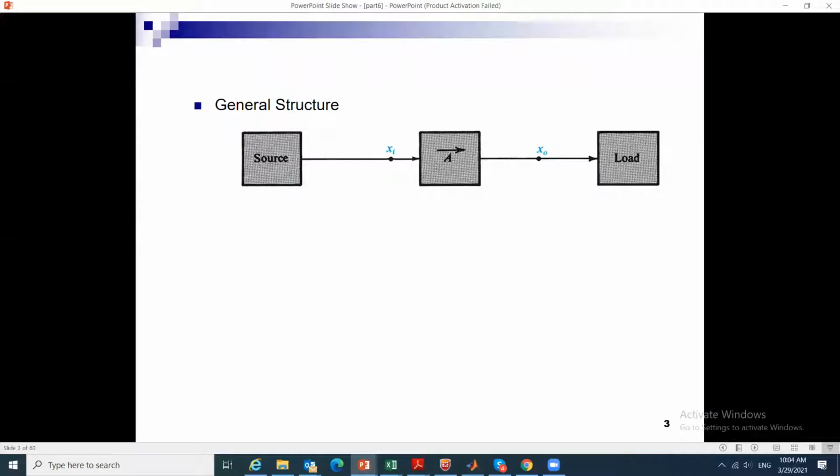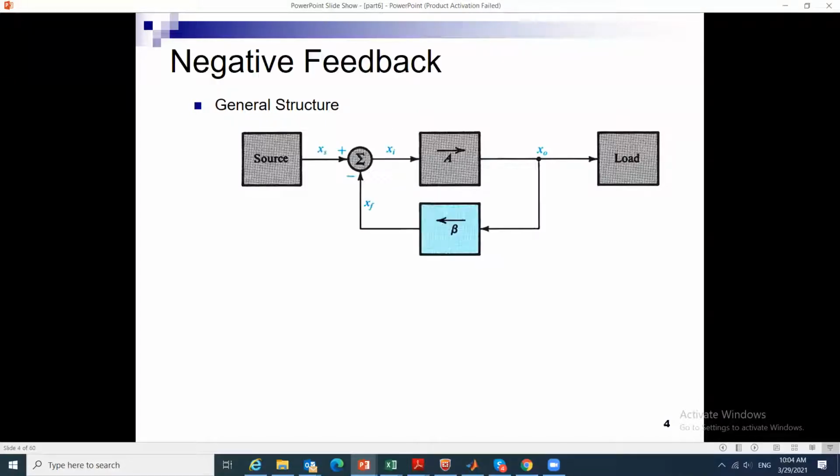Because in some circumstances, depending on the poles and the zeros and the gain and conditions that we will study later, we may have oscillations, and to reduce those oscillations we need to weaken the input signal, and so we provide feedback via a block beta.